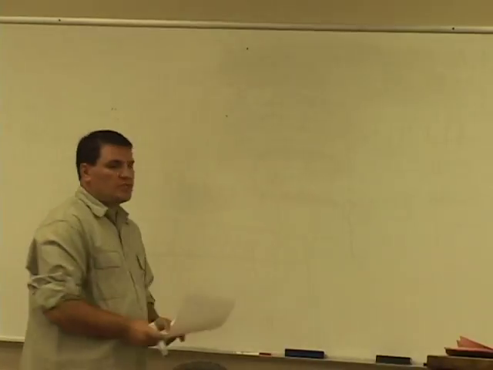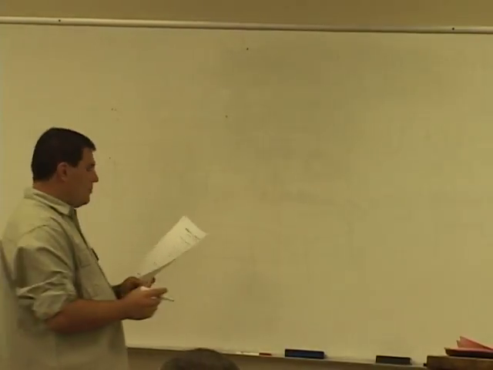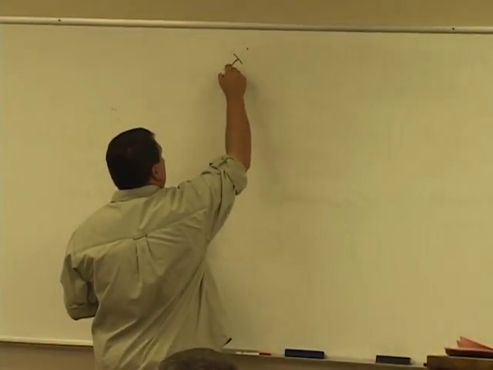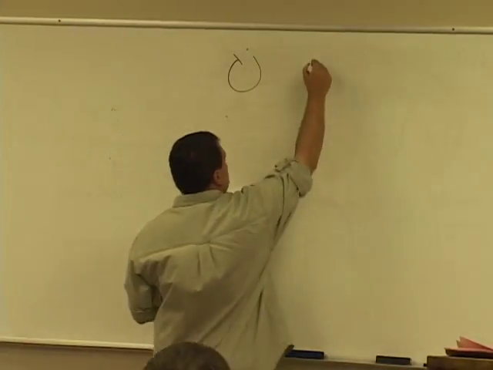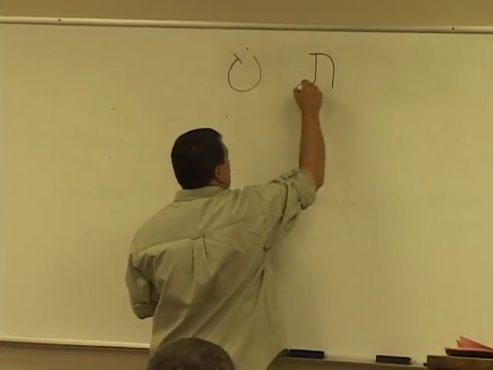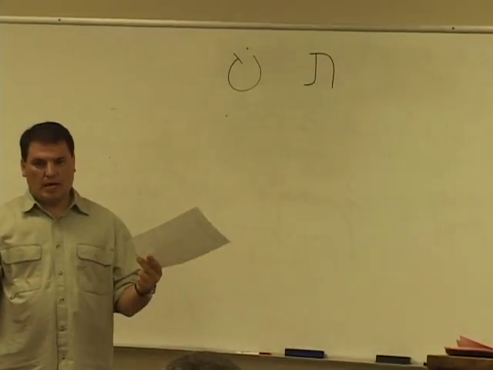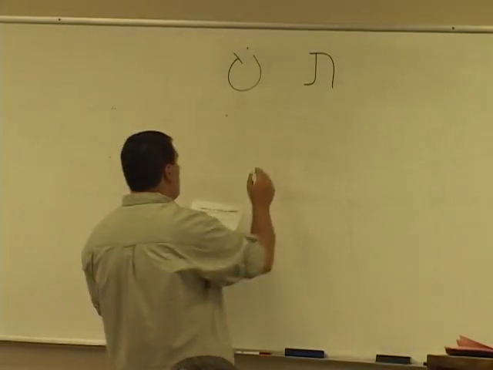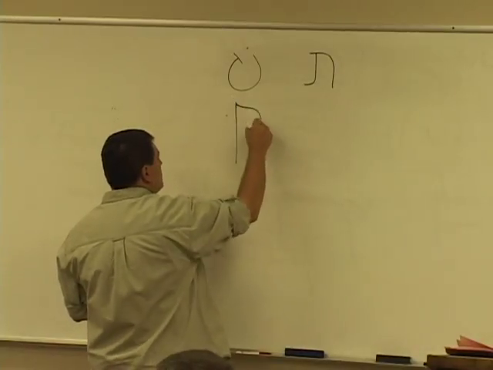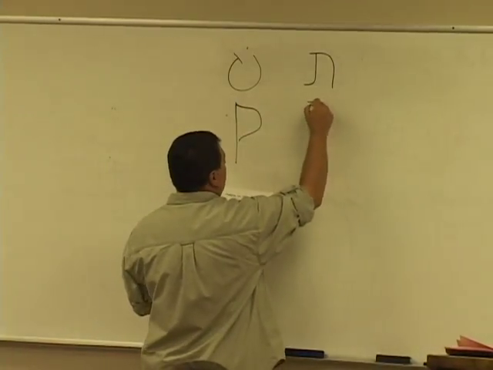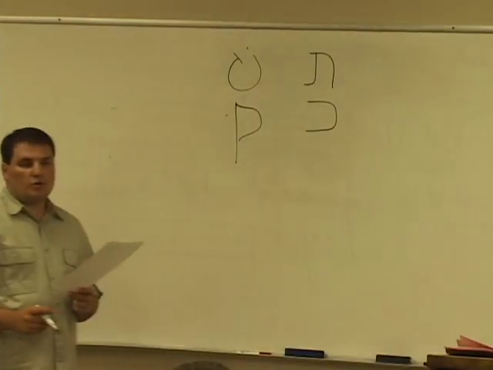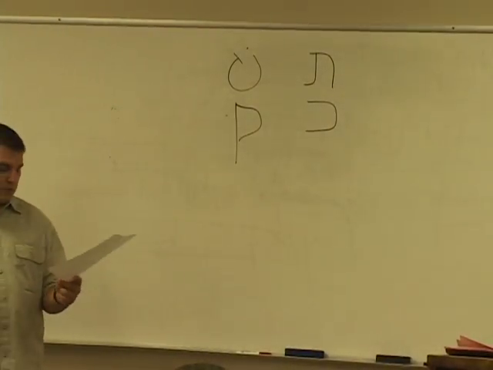And there are also some similar sounding letters. For example, tet, that's written like this, is similar in sound with tav because both produce the t sound. Kuf is similar in sound with kaf because both produce the k sound.